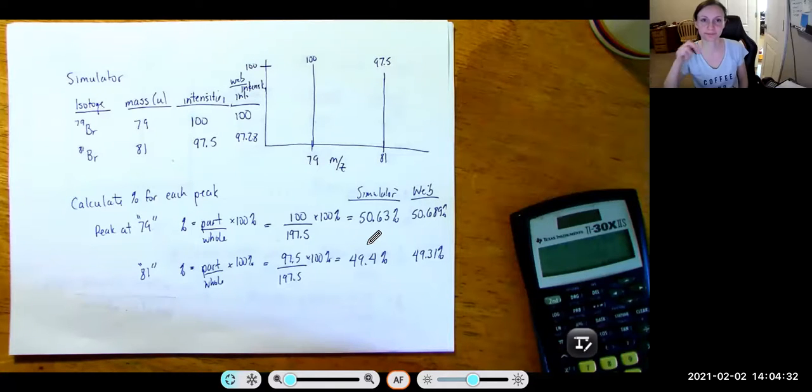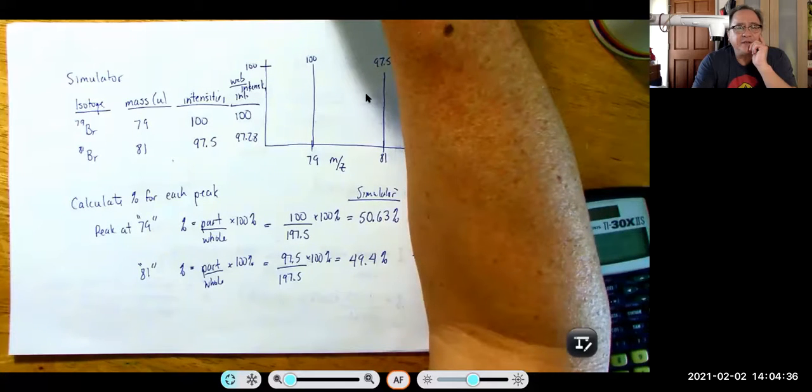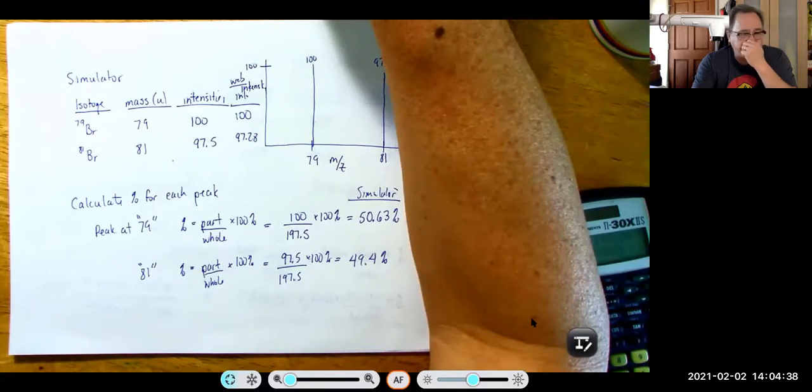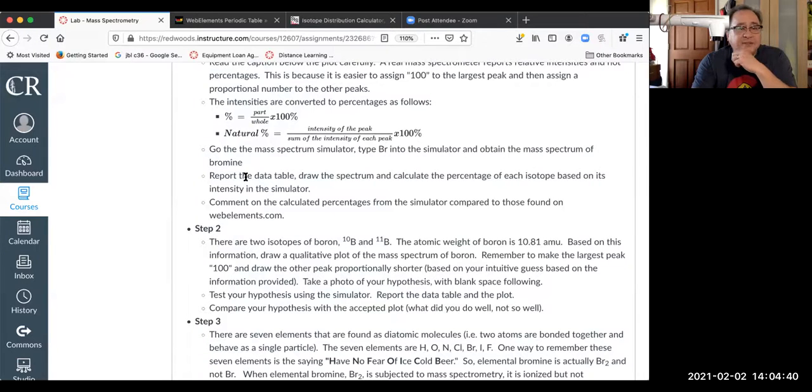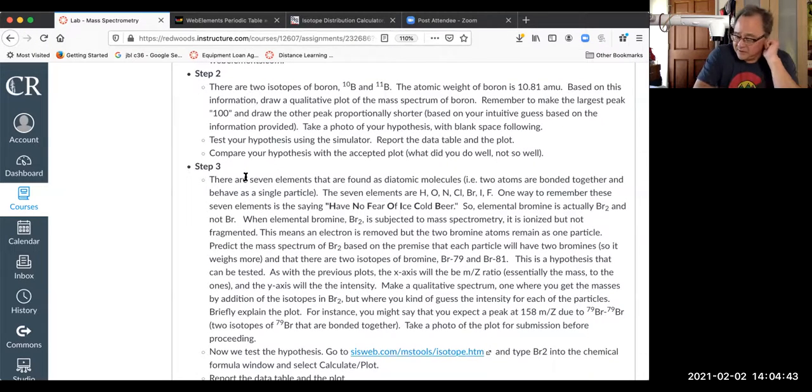Yeah. Okay, let's go to step 2. I'm going to switch screens. And here's step 2. There are 2 isotopes of boron, boron 10 and boron 11. That's how you'd say that. The atomic weight of boron is 10.81 AMU, which means the average weight of a boron atom.